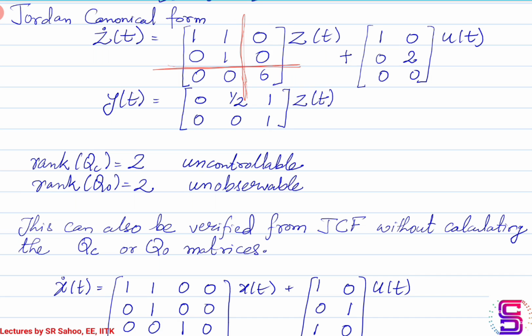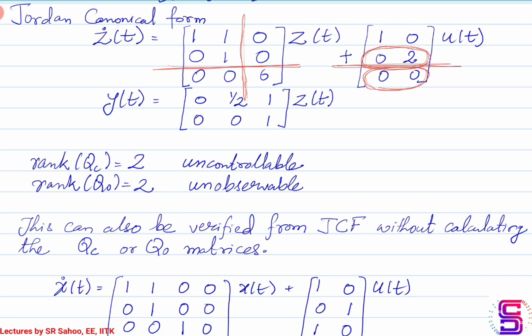The last row here corresponds to the Jordan block corresponding to eigenvalue 6. Similarly, for the Jordan block corresponding to eigenvalue 1, this is the block that you have here, everything above this red line. So for the Jordan block corresponding to eigenvalue 1, observe the last row of this particular block.